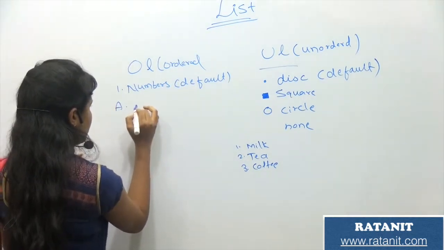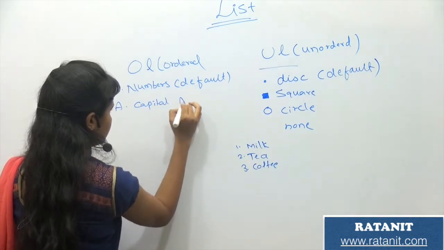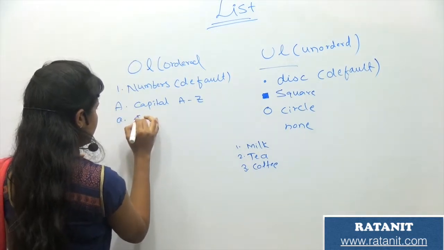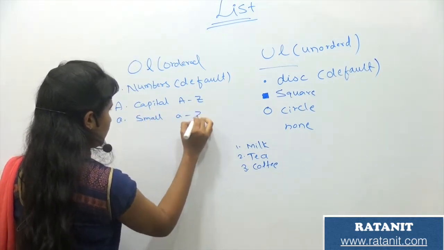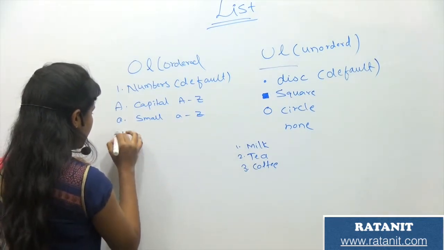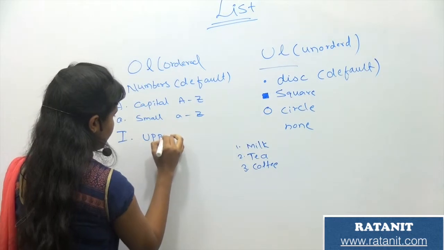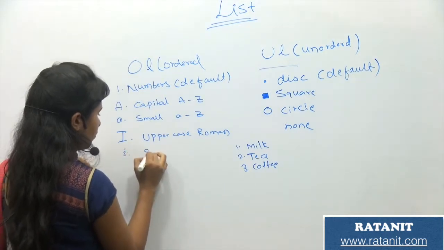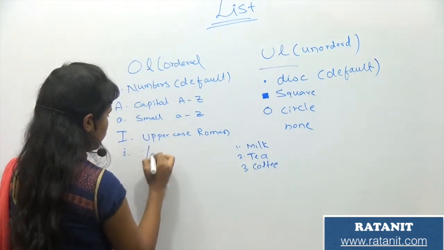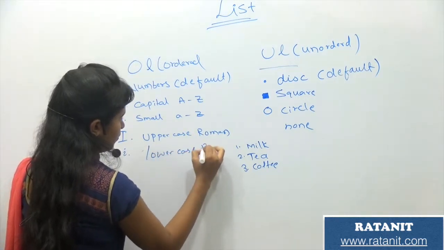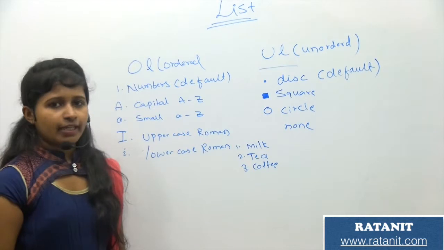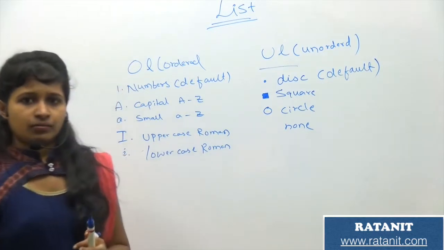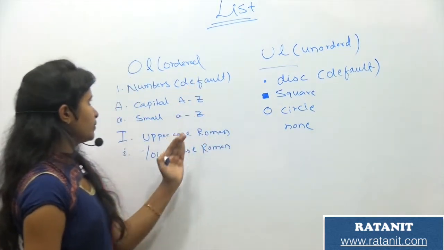There will be capital A to Z, there will be small a, and there will be uppercase Roman, and there will be lowercase Roman. These are the 5 types in ordered list.